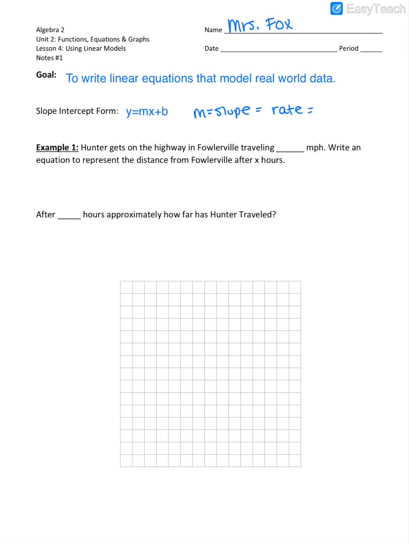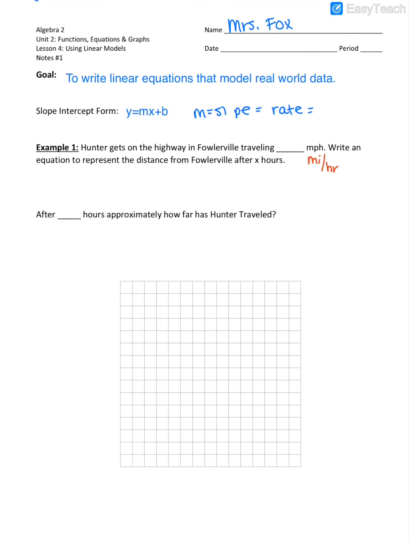Now, if you see per, like PER, like here you're going to say miles per hour, really how this is written is miles over hours. So as soon as you see something like miles per hour or revolutions per minute, that is typically going to be your slope.